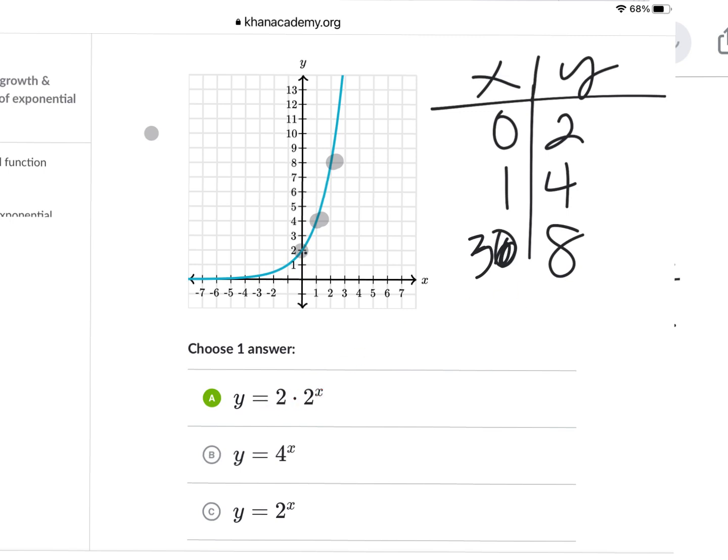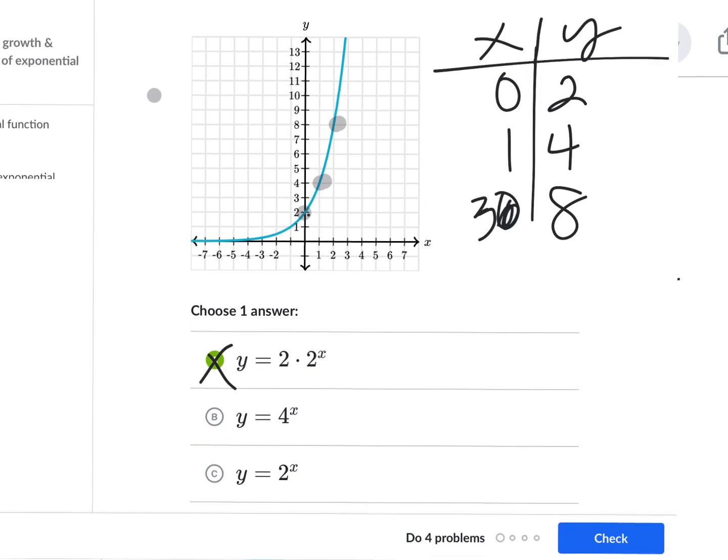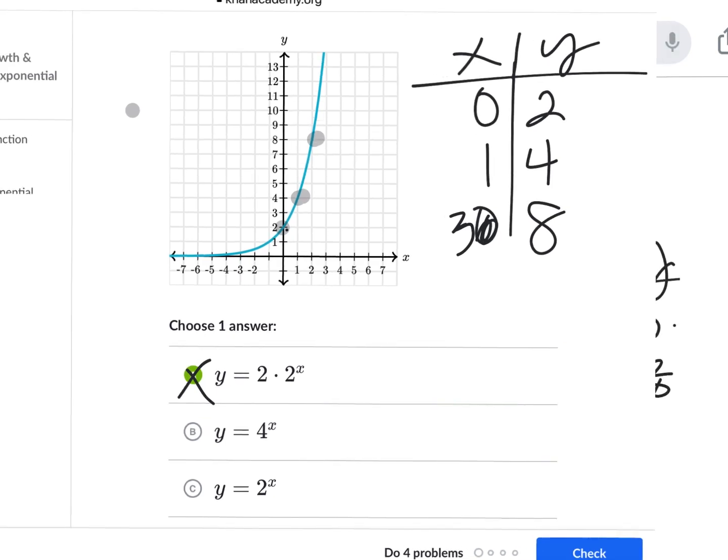So that one's out. That one does not work. Okay. 4 to the 0 power is 1. So that one's out because that should be a 0, 1. So we don't have that one either.